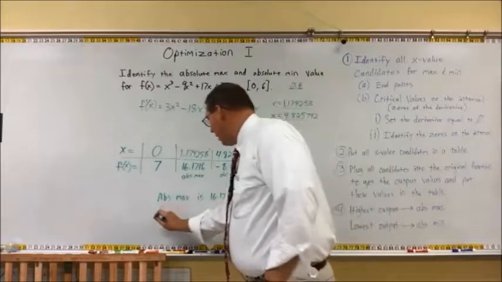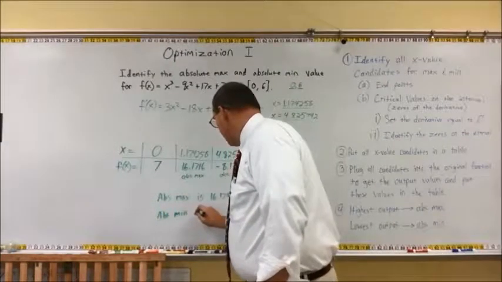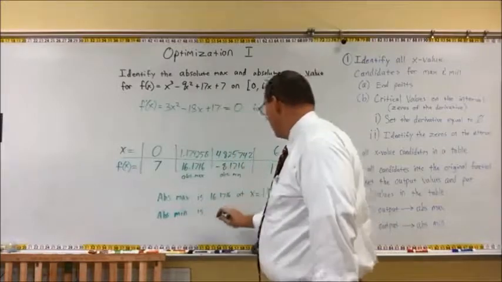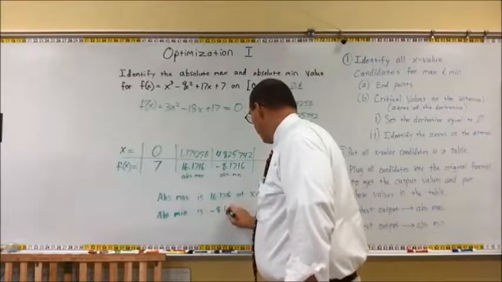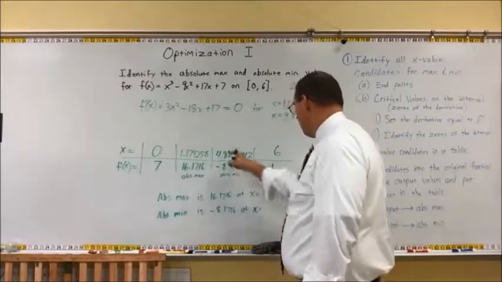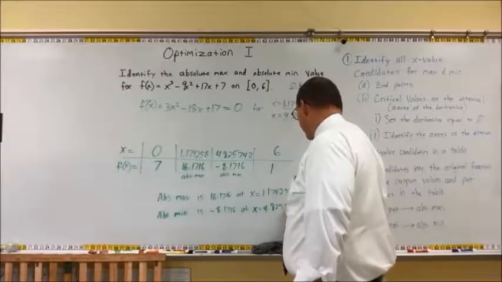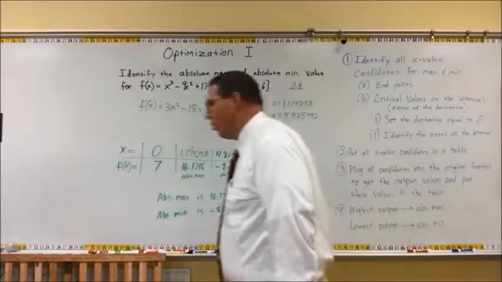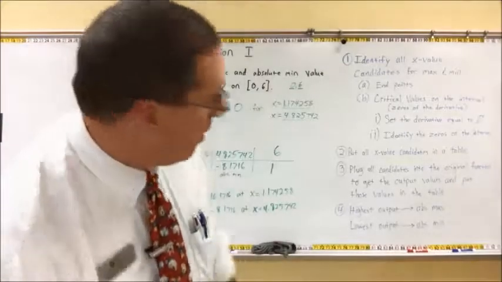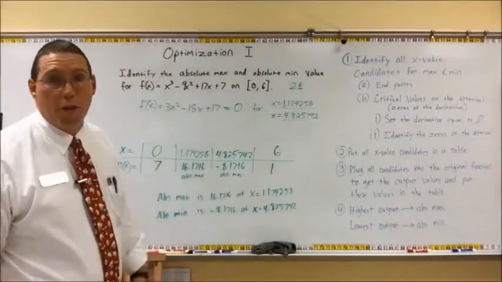And then I'll say the absolute minimum is negative 8.1716, at x equals 4.825742.